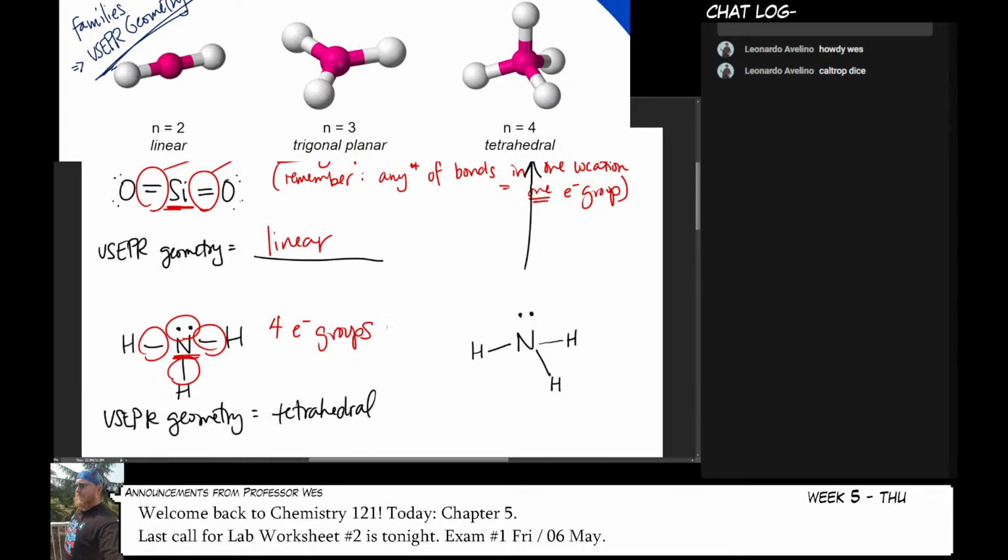In fact, if I really wanted to, what I could do is I could just go over here and say, okay, well, here's my nitrogen. Here's my hydrogen, hydrogen, hydrogen, electron pair. And it'd look like that. That's what ammonia looks like.